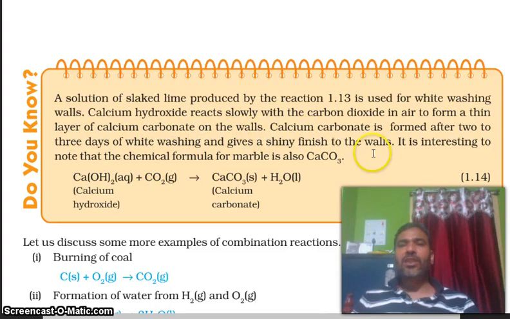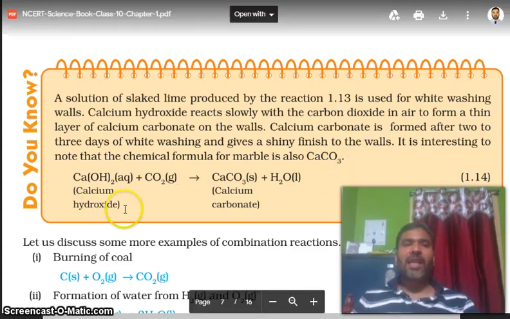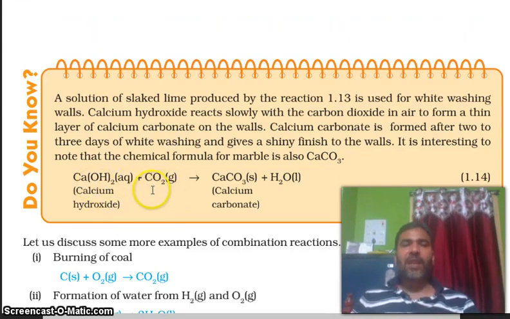Calcium carbonate is formed after 2 or 3 days of whitewashing and gives a shiny finish to the walls. It is interesting to note that the chemical formula for marble is also calcium carbonate. So you have aqueous calcium hydroxide. It reacts with gaseous carbon dioxide, forming calcium carbonate.